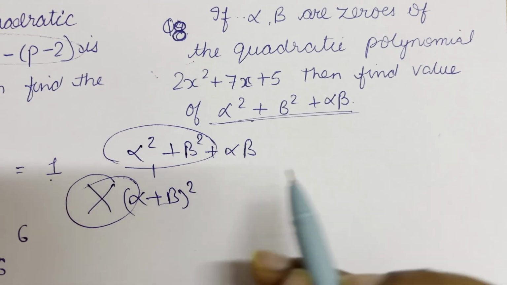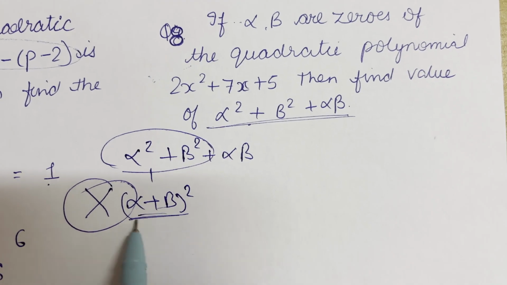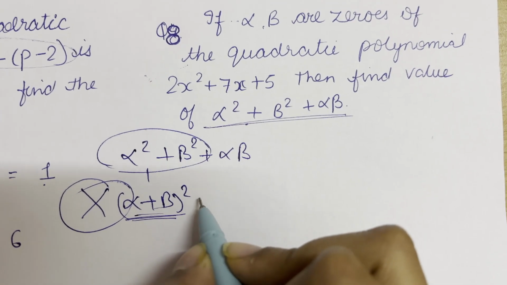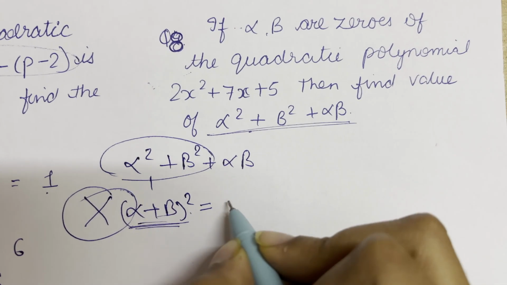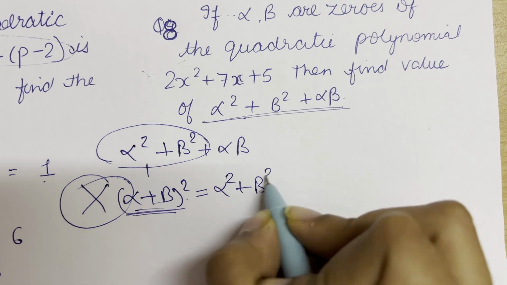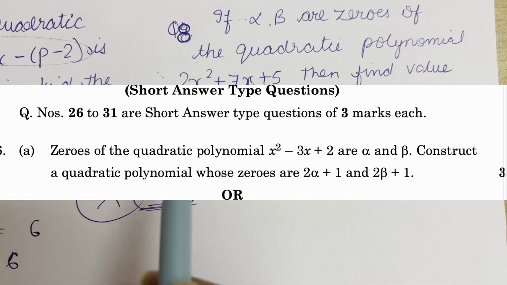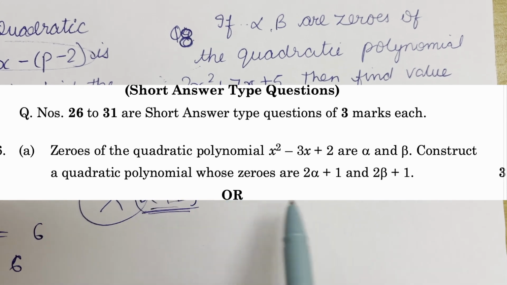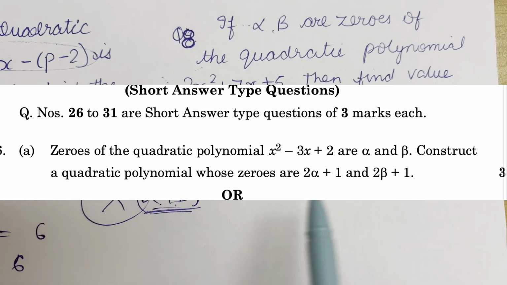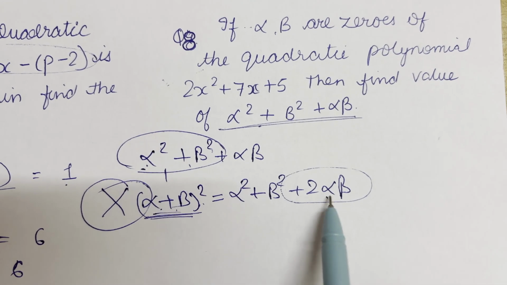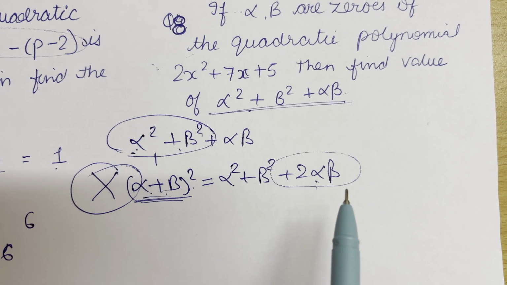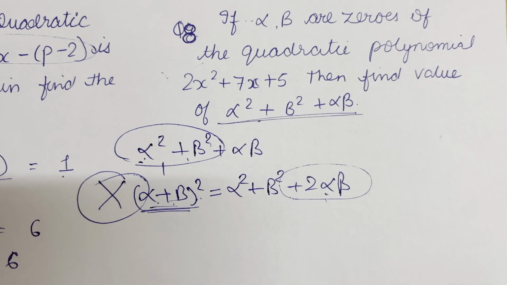So first of all, to simplify this, we'll need this identity. Alpha plus beta whole square is equal to alpha square plus beta square plus 2 alpha beta. And if you take alpha square plus beta square equal to alpha plus beta whole square, you are missing this 2 alpha beta, which makes your assumption absolutely incorrect.